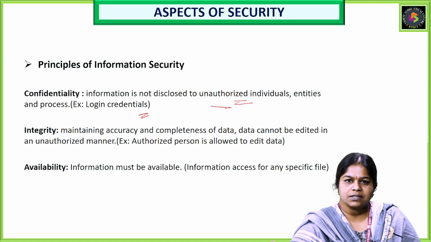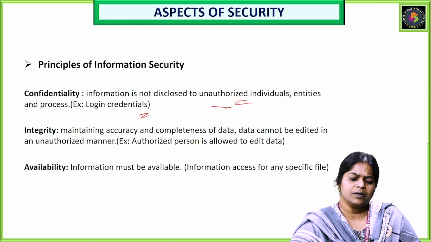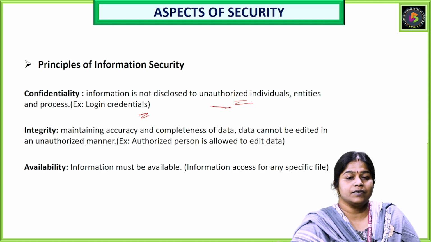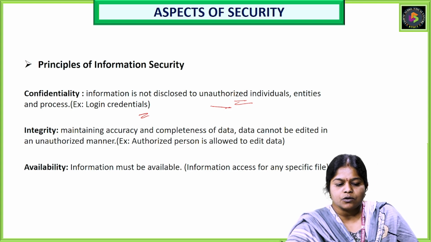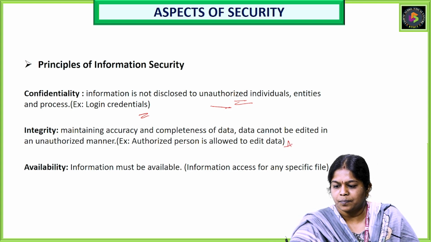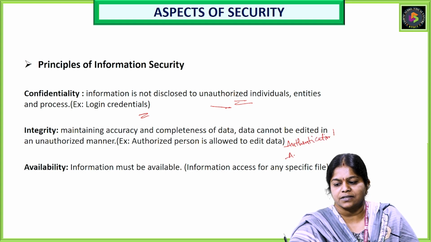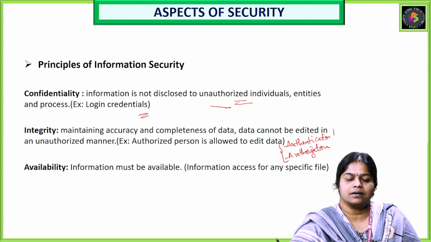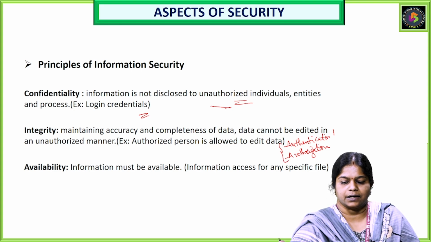And the next one is integrity. When we discuss integrity, we have to maintain completeness of the data. That is, we can talk about authentication as well as authorization. These are the two terms we can discuss for integrity.